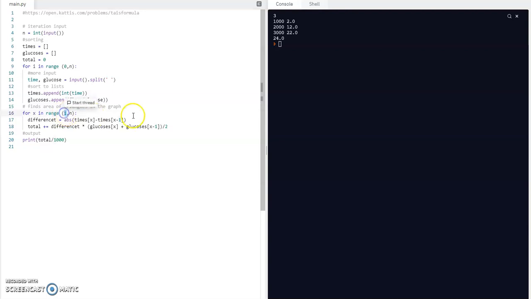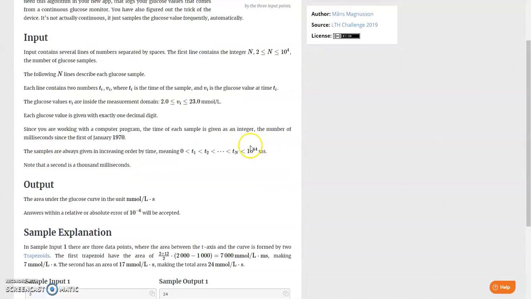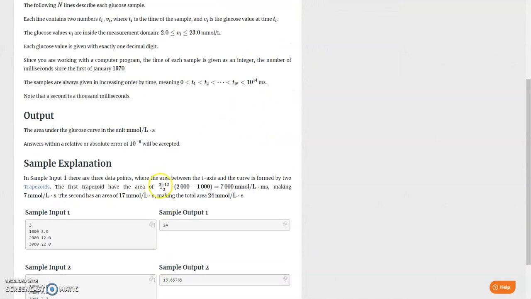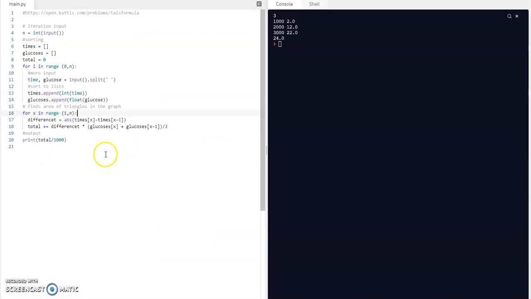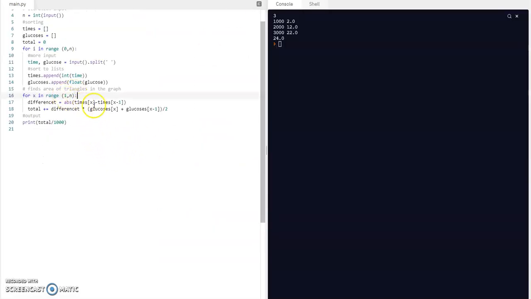Note that here I start at 1, and that's because when you calculate the area of the trapezoid, as you see here, you take your current value and the previous value, and then you take the difference there, and then you also take the average of the glucose. So that's why I started at 1, so that I can reference the previous value.